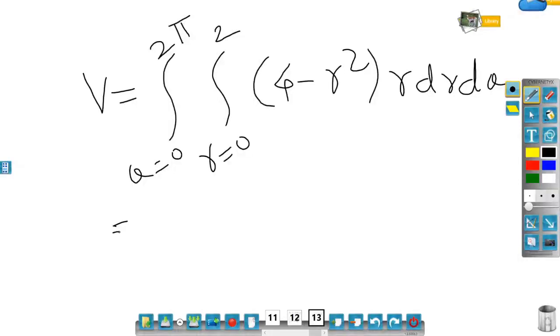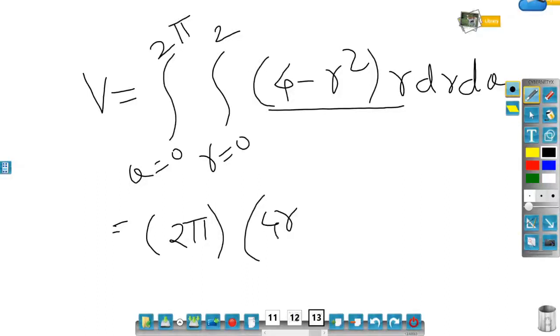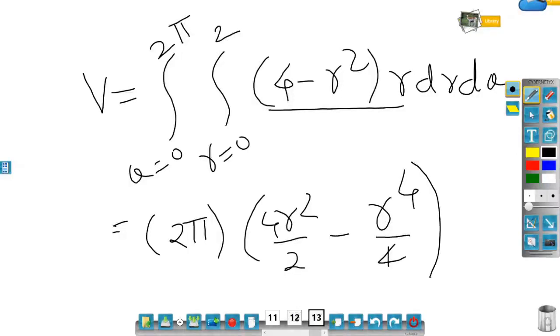Right, this integration, since the integrand is independent of theta, let me write down the outer integral 2 pi as it is, and now it is 4r, so 4r square by 2 minus r raised to 4 by 4, and r will run from 0 to 2, so it is 2 pi.